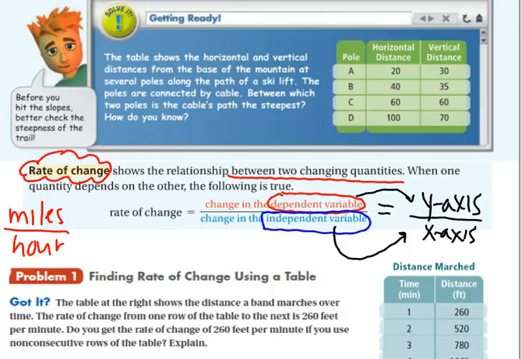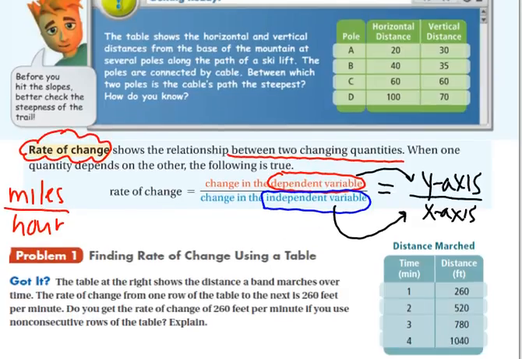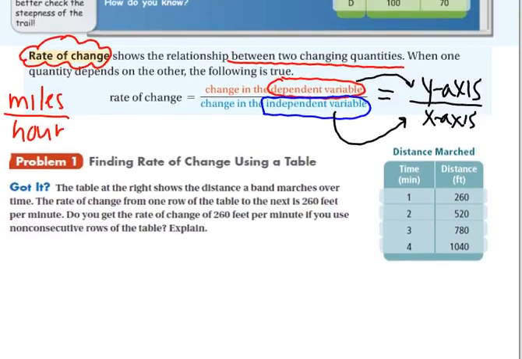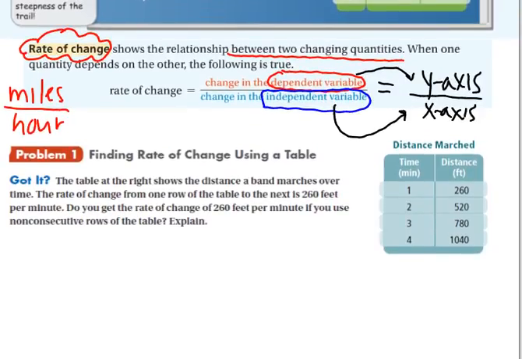We'll do an example so this seems a little more concrete, but we've done this already. All last chapter when we were graphing, this is kind of what we were doing. So on problem 1, it says find the rate of change using a table, which is right there. The table at right shows the distance a band marches over time. So we all know time goes on our x-axis, and our distance would be on our y.